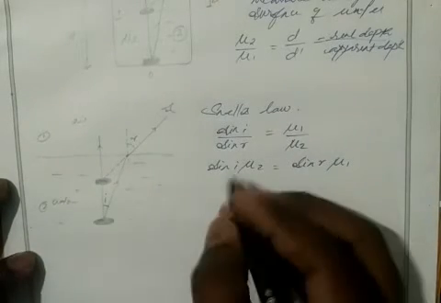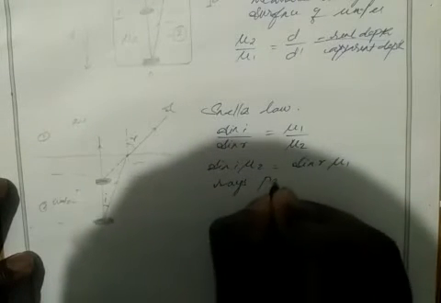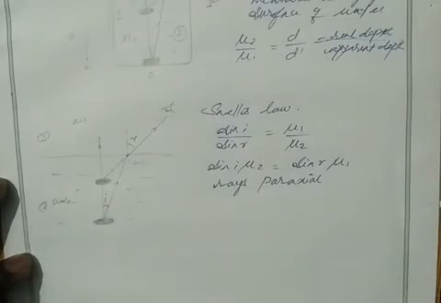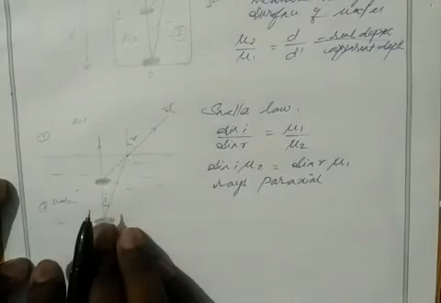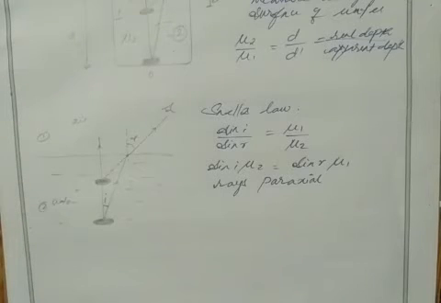Here the rays are paraxial. Paraxial means they have a very small angle with respect to the normal line. Actually it seems big, but when you calculate it numerically, the angle is very small. If you take a lens or mirror, when light falls on it, it is reflected or refracted with a very small angle.